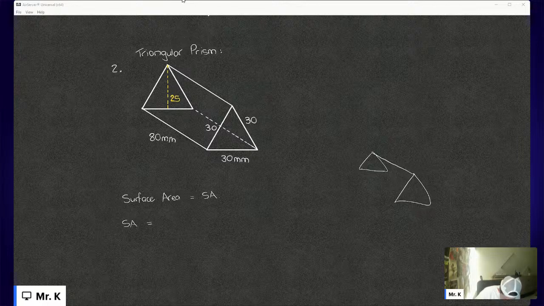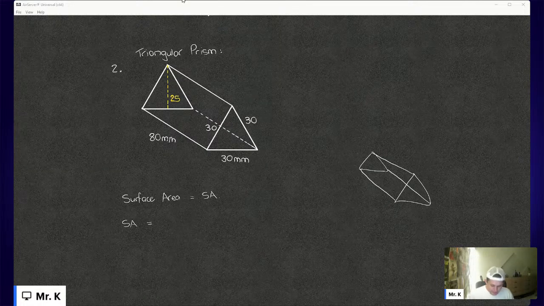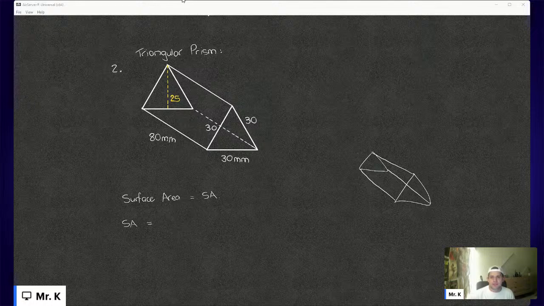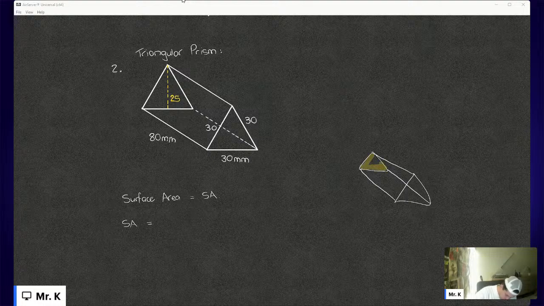Okay, if we think about a triangular prism, we need to consider all of the different faces that it has. So, first things first, we have a triangle, okay, a triangle at the front and at the back. So we have 2 triangles to worry about, but then we also have a total of 3 rectangles. Where do I get 3 from?